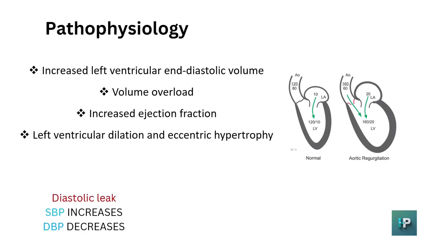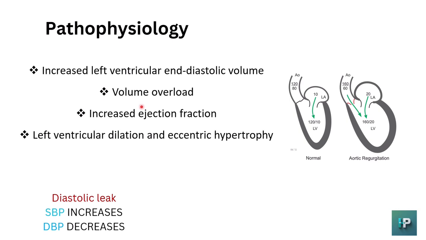Then let's see the pathophysiology of aortic regurgitation. Due to regurgitation, there will be a backward flow from aorta to left ventricle. Here you can see in this picture. This causes an increase in left ventricular end diastolic volume because of backward flow, which leads to volume overload.